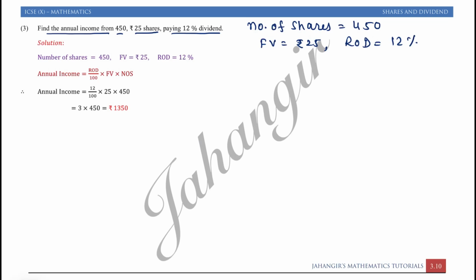So we can write dividend ka formula, annual income ka formula. Just write formula also, that will help you to memorize. Annual income is equal to rate of dividend upon 100 into face value into number of shares.